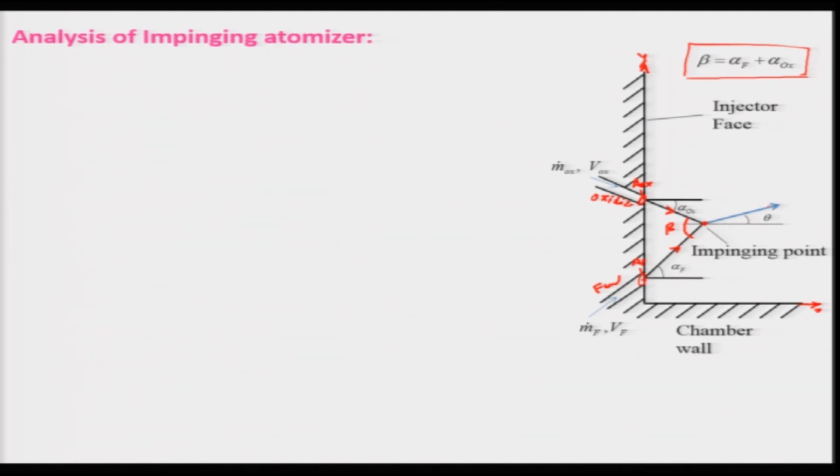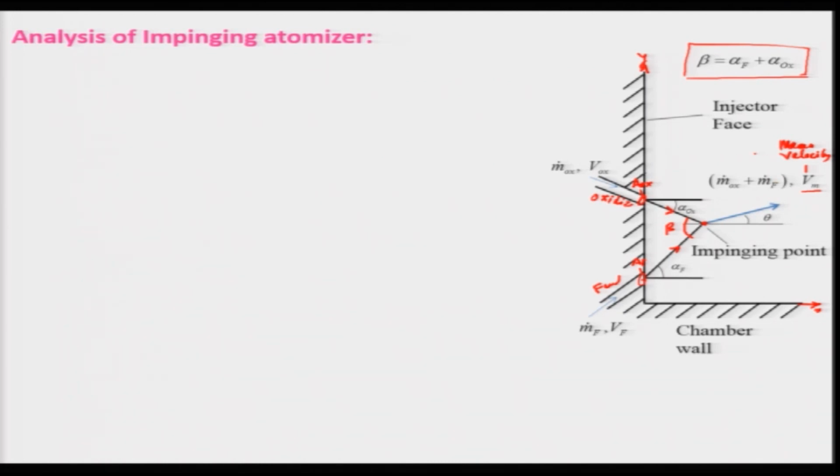When this is impinging, from the impinging point the total mass flow rate is moving with the same mean velocity, that is V m. This is your mean velocity after the impinging point, and this is the total mass flow rate of oxidizer and mass flow rate of fuel.